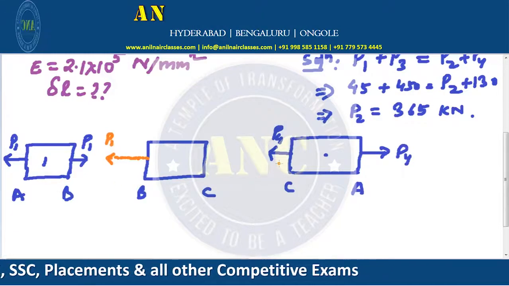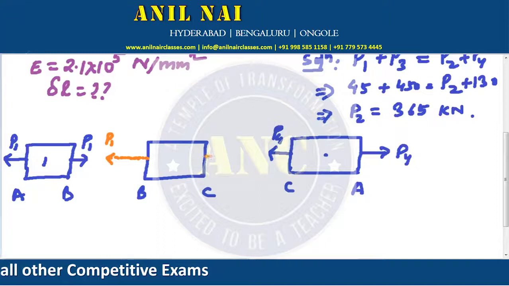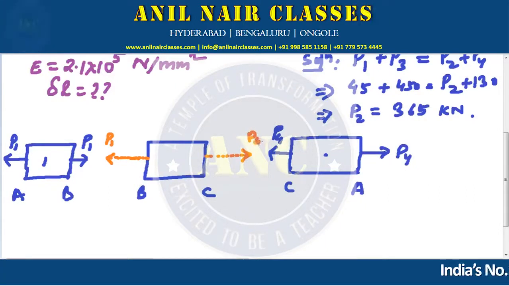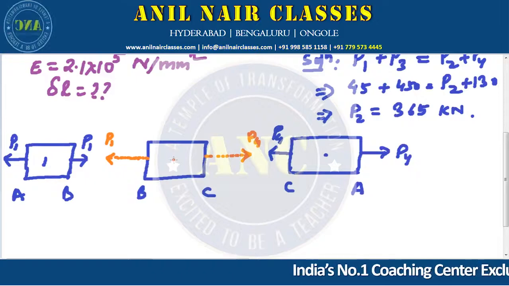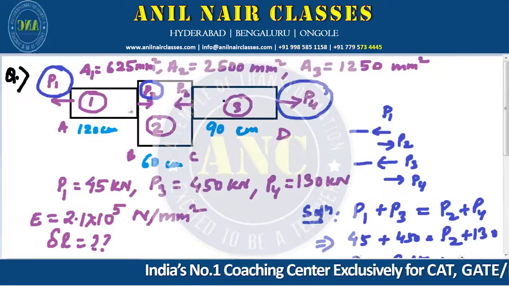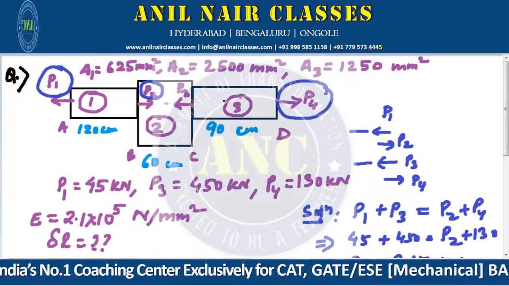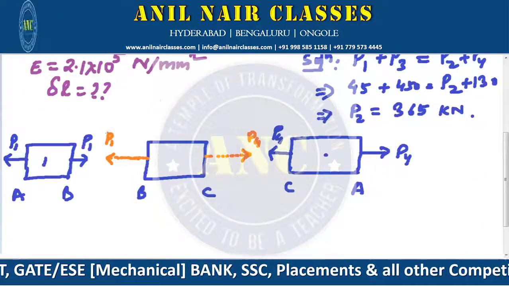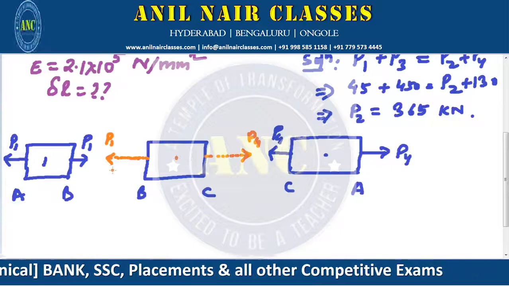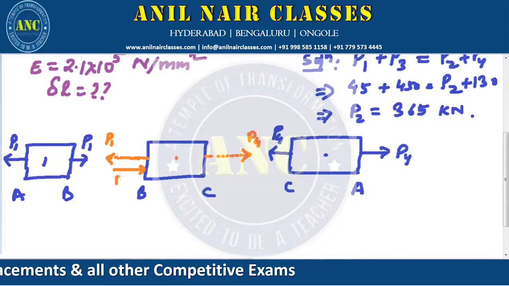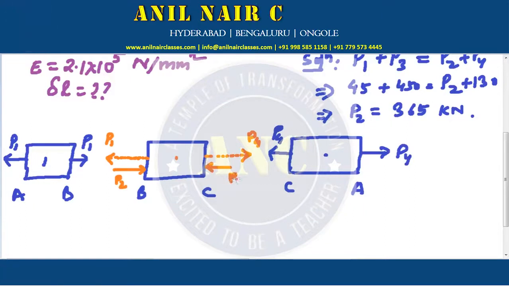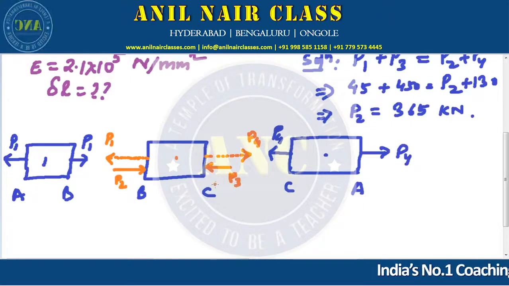P1. Here this is P4, so here also there will be an equal and opposite reaction, that is P4. Now put the values as they are. P2 and P3 both are going towards the center of section 2. So P2 is going towards the center, and P3 is also going towards the center.